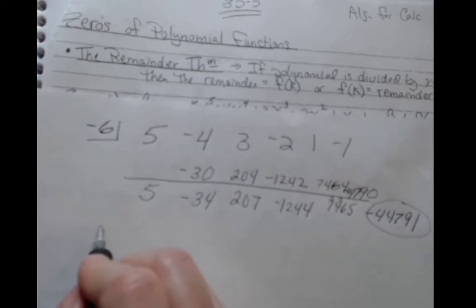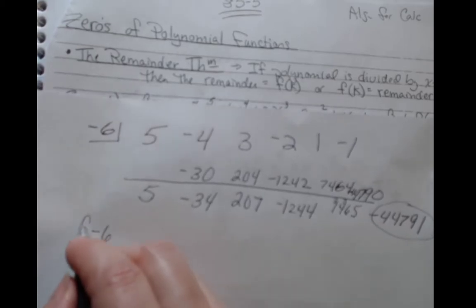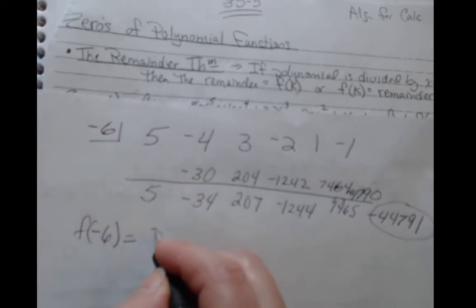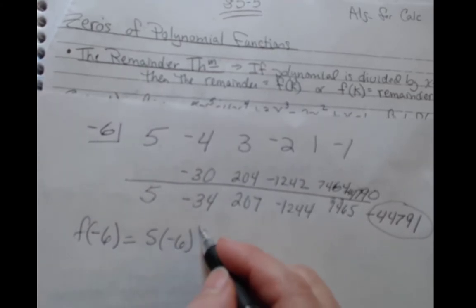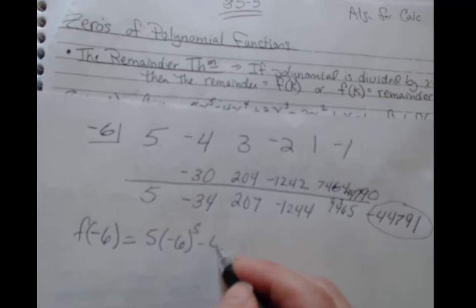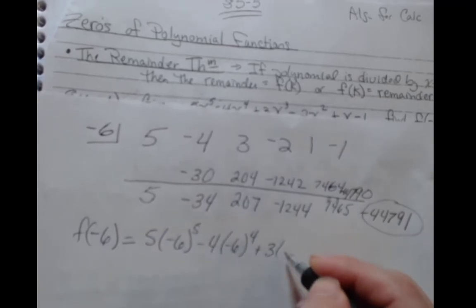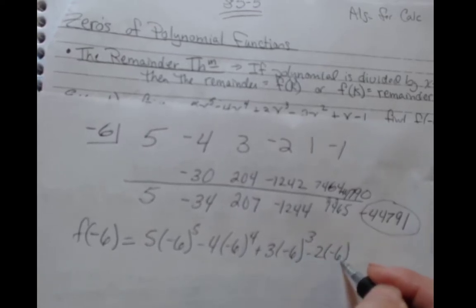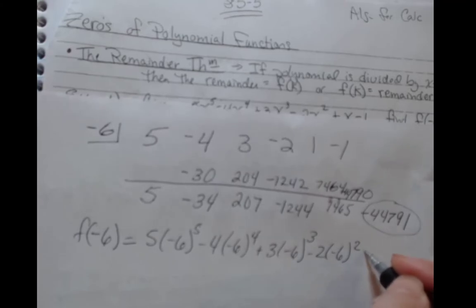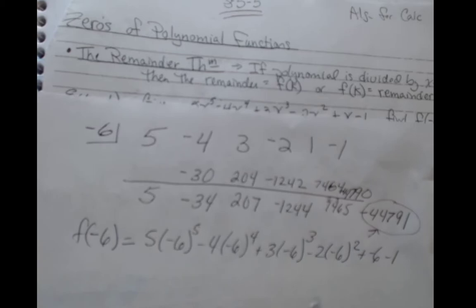And what we would find if we plugged negative 6 into the function is that we would get the same answer. And I did do that on the calculator. I put 5 times negative 6 to the 5th, minus 4 times negative 6 to the 4th, plus 3 times negative 6 to the 3rd, minus 2 times negative 6 squared, plus negative 6, minus 1, and I got the same answer, 44791.